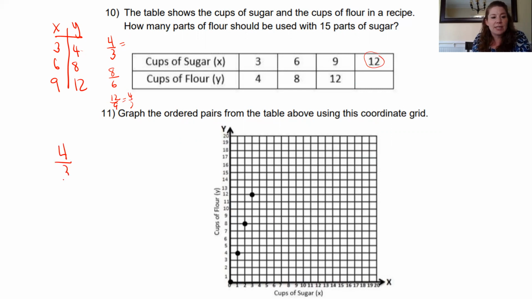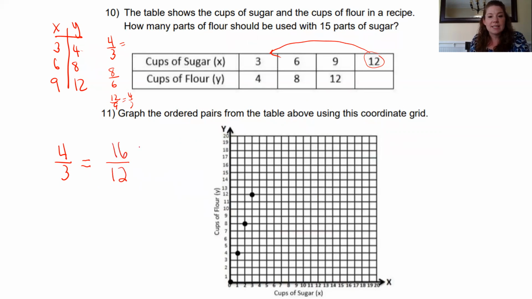So 4 over 3, which is a repeating decimal. 4 divided by 3 is 1.33333. So anyway, if my denominator is 12, what would my numerator be?